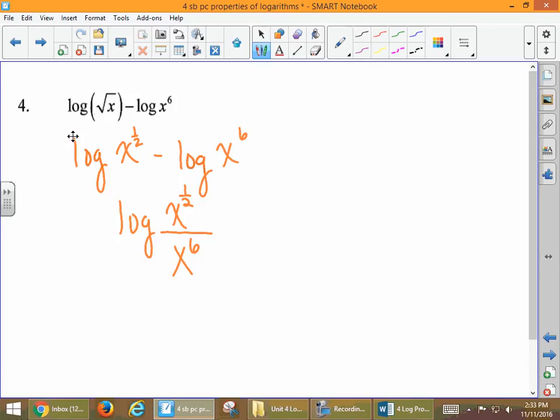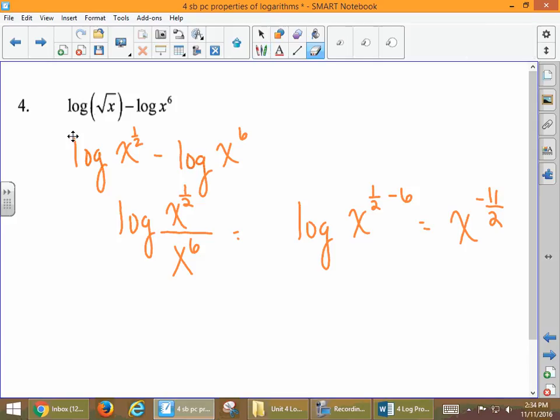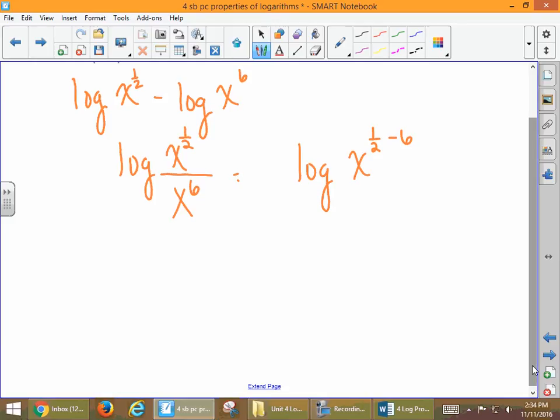And the rule when we simplify something like x to the 1/2 divided by x to the 6th is that we get log of x to the 1/2 minus 6. When we divide values with exponents, we subtract the exponents. And what that gives us here is x to the -11 halves, and I need my logarithm in front of that, so let me erase that and try that again. But we end up with log of x to the negative 11 halves.